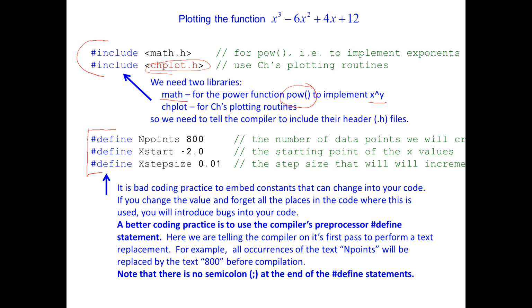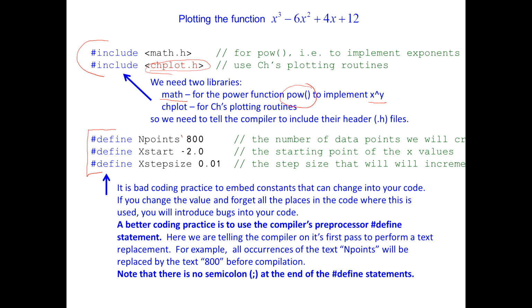We would like to have just one place where the 800 is, so if we change it, we only change it once. So what we're making use of here is the compiler's preprocessor, which is this define statement.